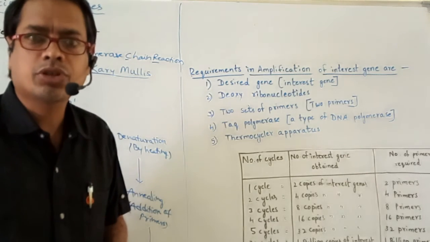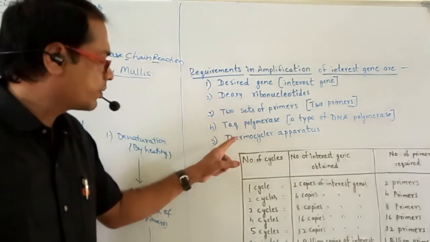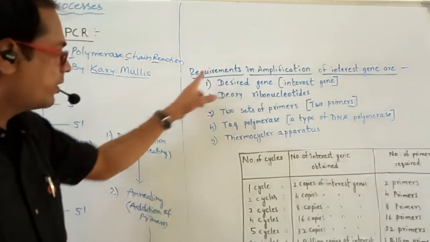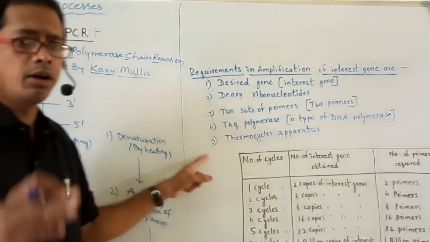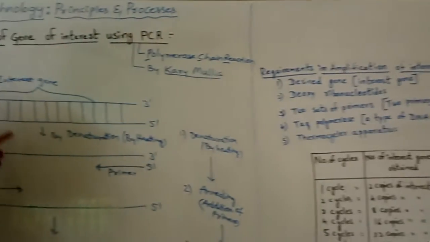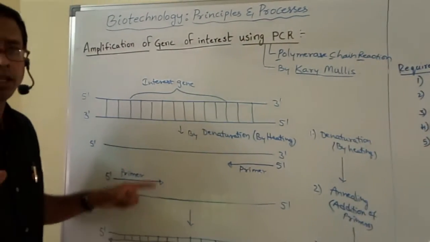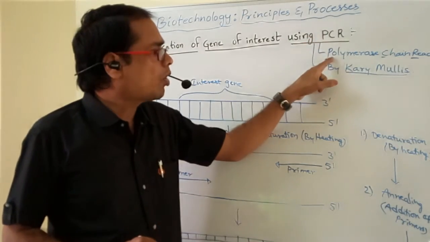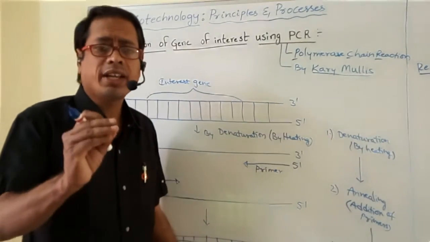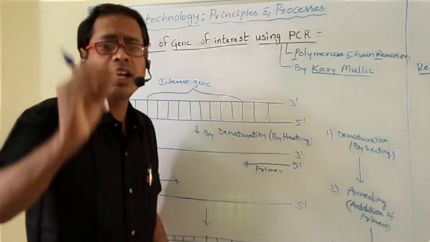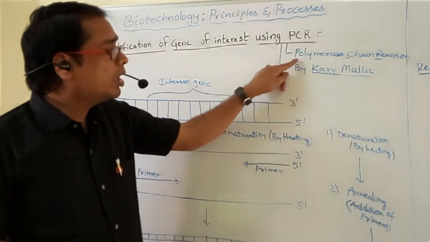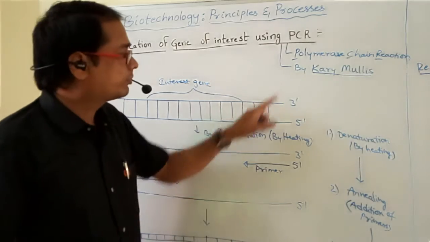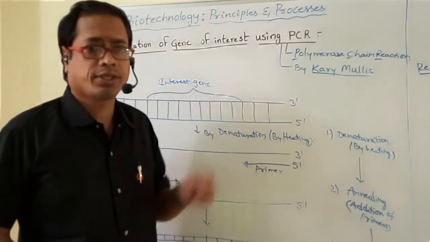It is a thermostable enzyme. Next one, what is the apparatus required? Thermocycler apparatus. These 5 are required to perform this amplification of interest gene by using PCR. Here PCR full form is polymerase chain reaction. The first letter stands for polymerase. This polymerase chain reaction was proposed by Kary Mullis.